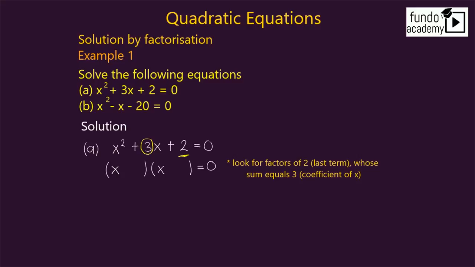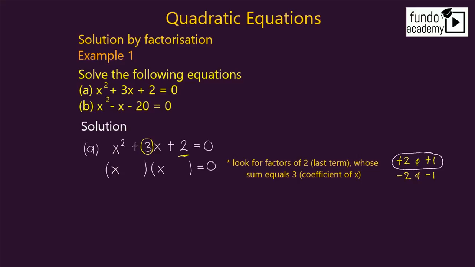You do that by trial and error, looking for factors of 2. In this case, for 2, we can have plus 2 and plus 1, right? These are factors, or minus 2 and minus 1. But the pair of factors that will give us a sum of 3 is positive 2 and positive 1.